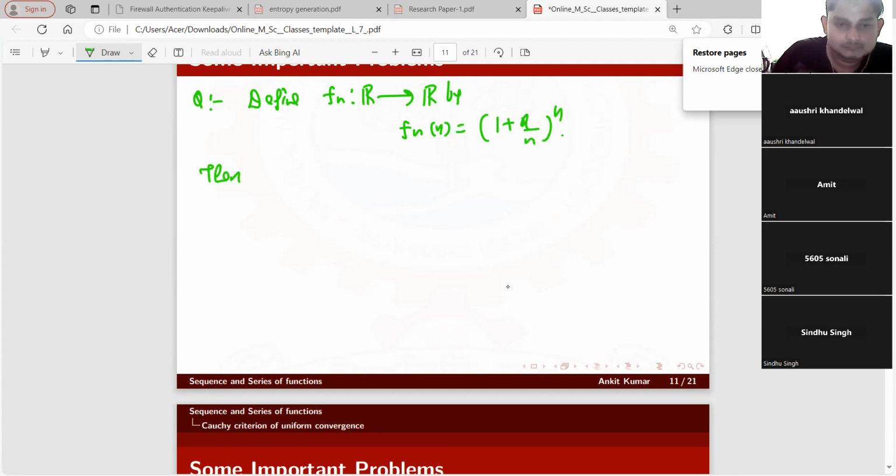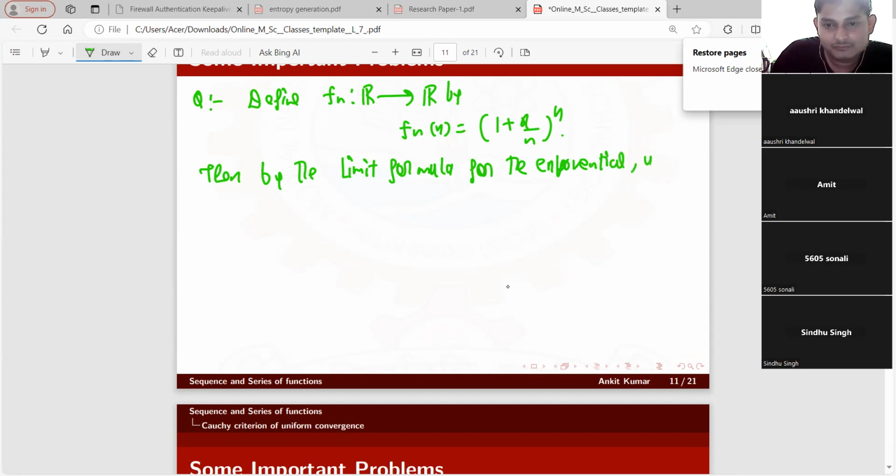Then by the limit formula for the exponential function, which we do not prove here, f_n tends to e to the power x pointwise on R.